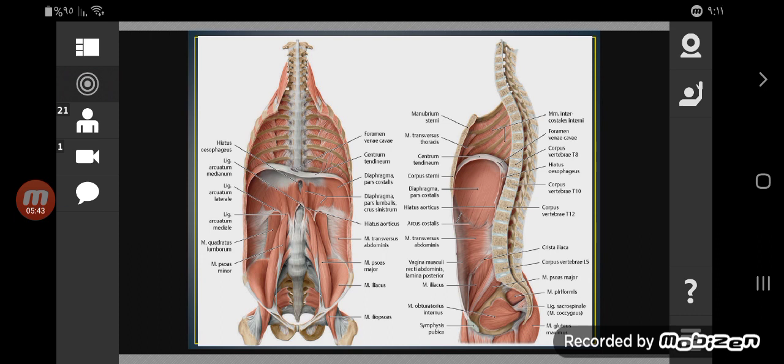Diaphragm, on the basis of its origin, has a costal part. The costal part arises from the internal surface of the lower six ribs, and then the lumbar part.